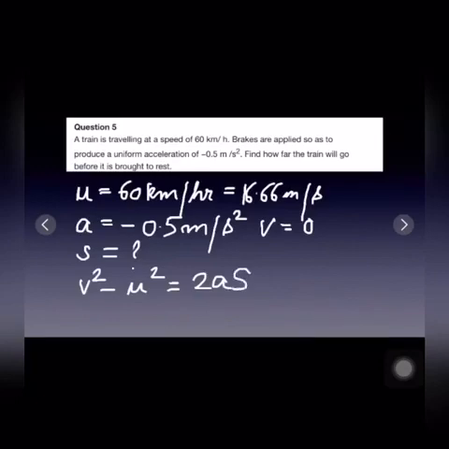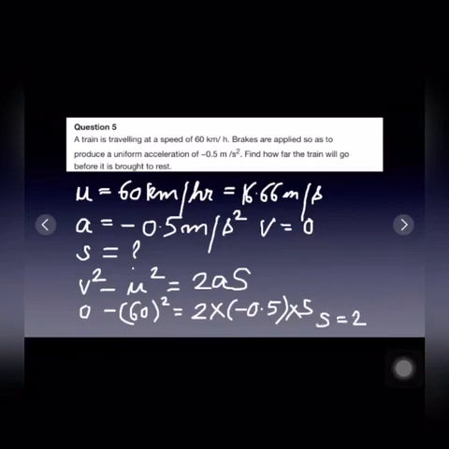To solve this, put the values of all these: 0, 60 square, 2 into acceleration, which is 0.5, and S. So when we solve for S, we get 277.55 meter. So this is the answer. Now let us see one more question.